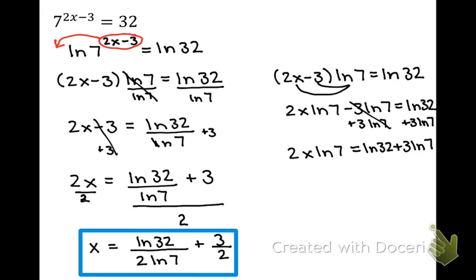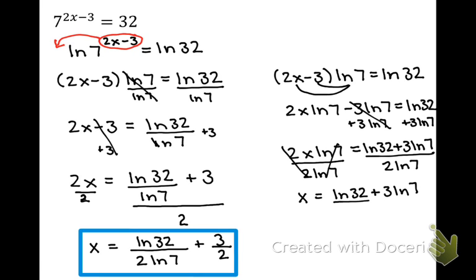Now, at this point, I'm trying to get that x by itself, so I'm actually going to divide by 2 ln 7. Okay, and that's going to leave me with x = (ln 32 + 3 ln 7) / (2 ln 7).